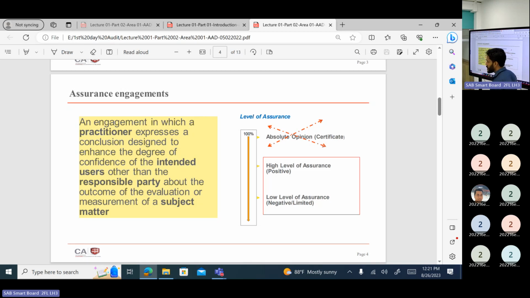It's a basic definition. You can understand these keywords and then develop a definition. Practitioner, then intended user, the stakeholders, responsible party, management, subject matter, finances, right?